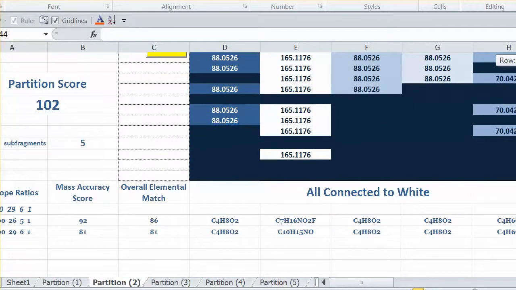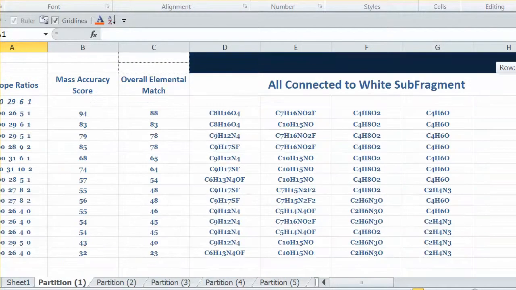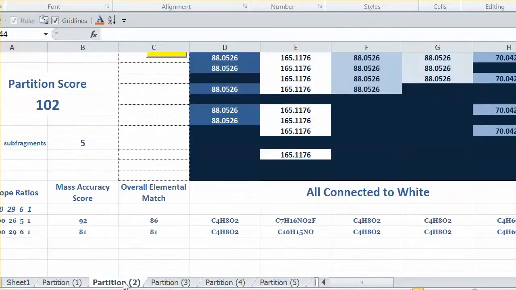Now, partition number 2 has only 2 formulas possible. Partition 1 has about 15. One reason is this has 4 subfragments instead of 5, like number 2. So some of these fragments are fairly large, and it's harder to pin down the elemental composition. For the sake of the demo, I'm going to focus on partition number 2.